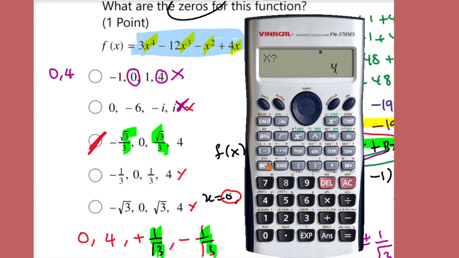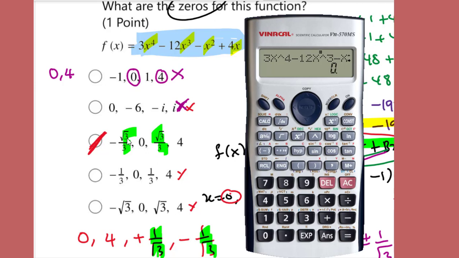Calculate negative, this version we need to do in brackets. Set 3 divided by 3, close the bracket, calculate, 0. This is also 0. Try set 3 over 3, calculate, set 3 divided by 3, also 0.